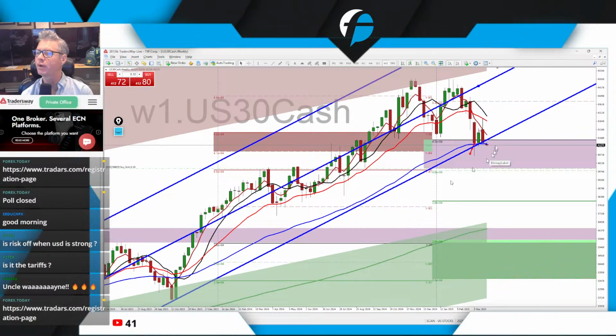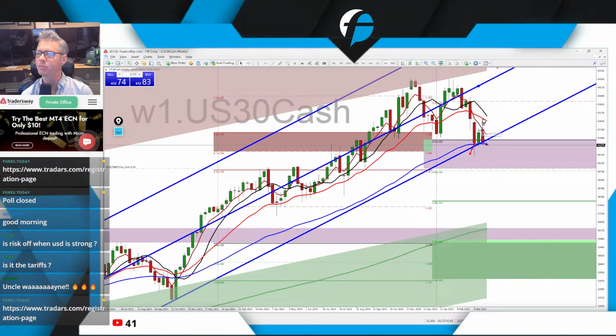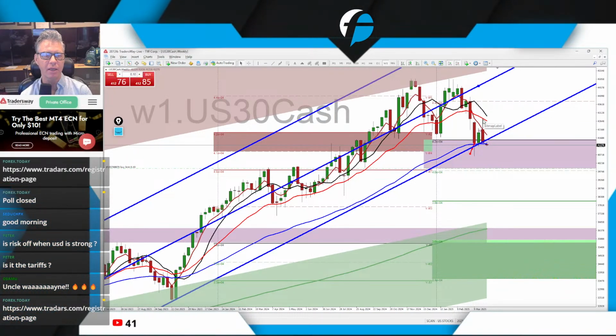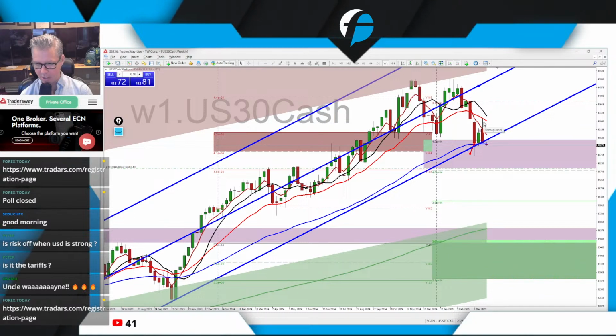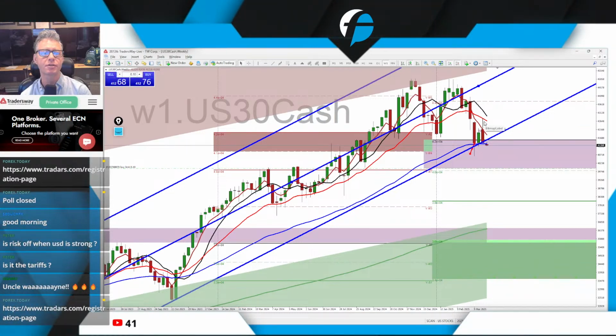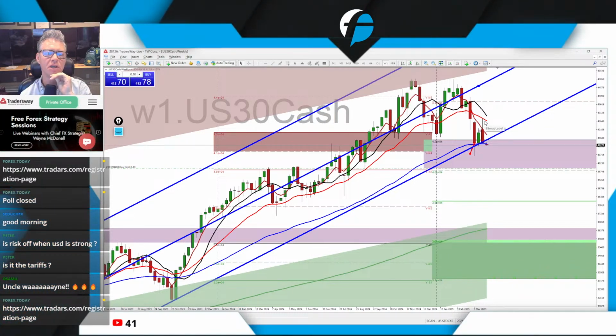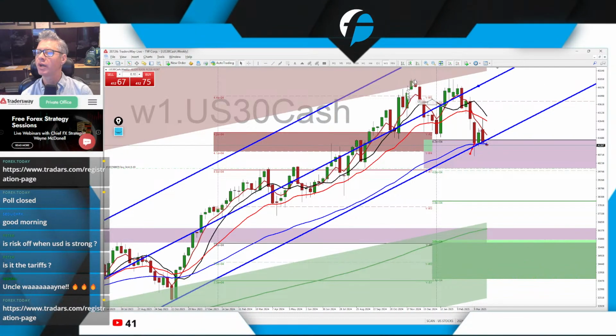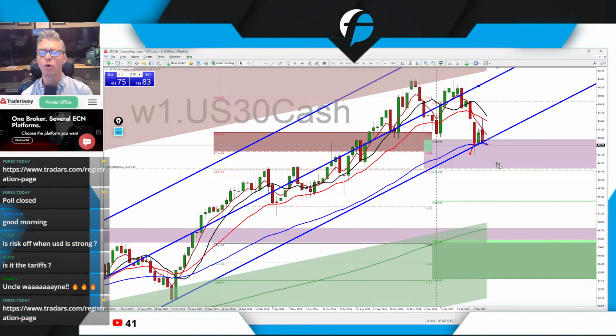Okay, it was a pretty bad week there, huh? Rallied up to the weekly 21 EMA and dropped like a ton of bricks. Oh, God. So now we have a double top and lower low. Yeah, not very pretty.